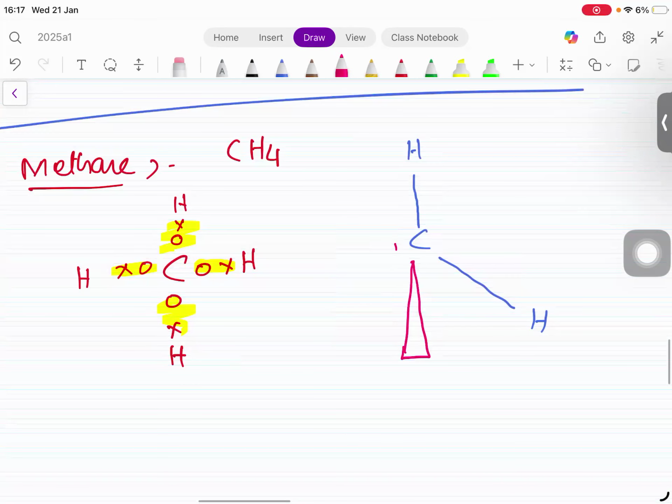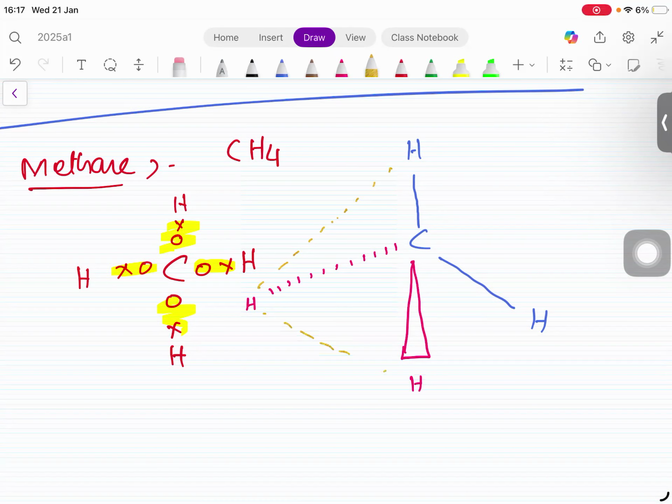So this is what we are going to do. If we put a triangle, that means we are trying to say that this one is coming out of the plane, this one is going inside the plane, and here it is, two along the plane. This is CH4.